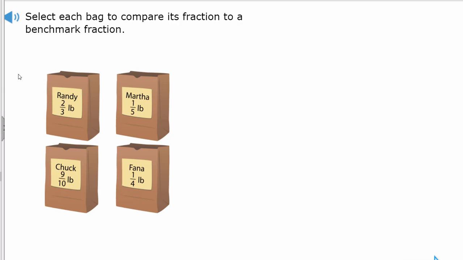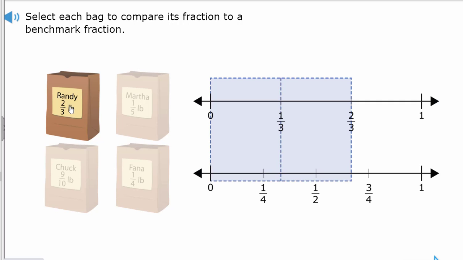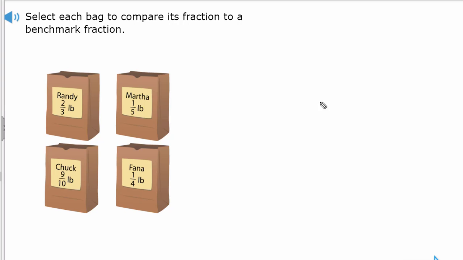Okay, so let's see, my heroes. I will choose the first one, this bag. Can you see it? We have 2/3, and we are comparing to a benchmark fraction.